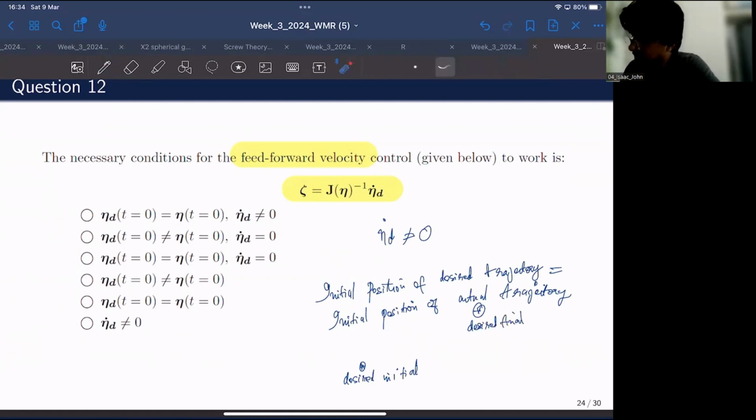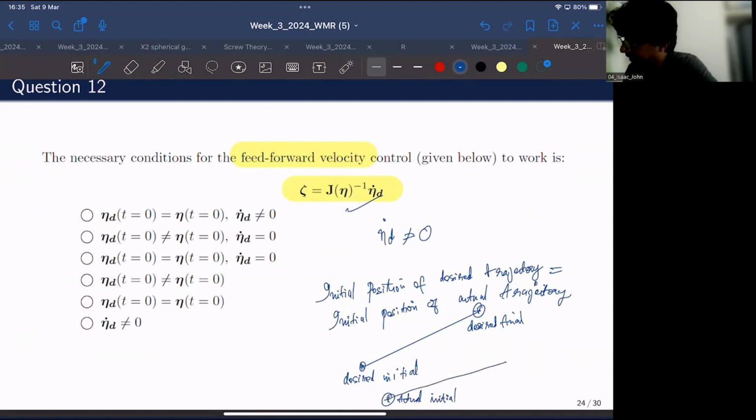For example, if your robot is also starting from the desired initial, it will basically track to the desired final. As per this control law, it will track something like this. But if your actual initial is somewhere else, and you are still using this feed-forward velocity control law, this will be the actual final.